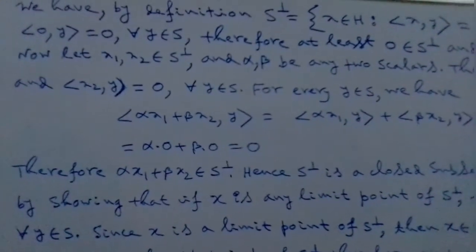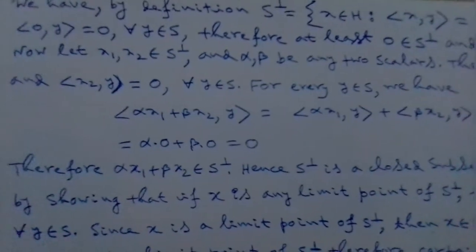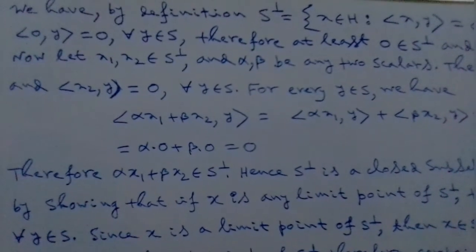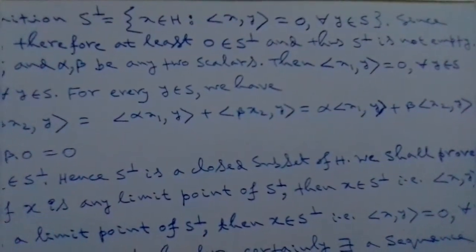Since 0 dot y, if we take the zero vector, is a trivial case, certainly 0 dot y is 0 for all y belongs to S, and therefore at least 0 belongs to S perpendicular, and thus S perpendicular is non-empty.